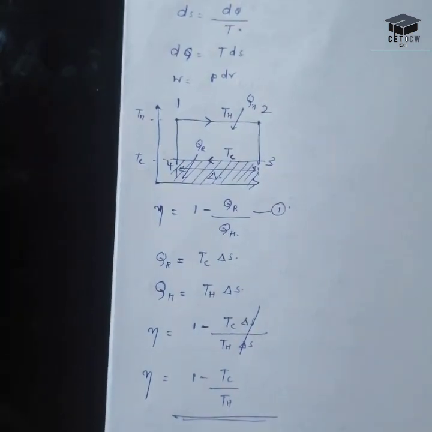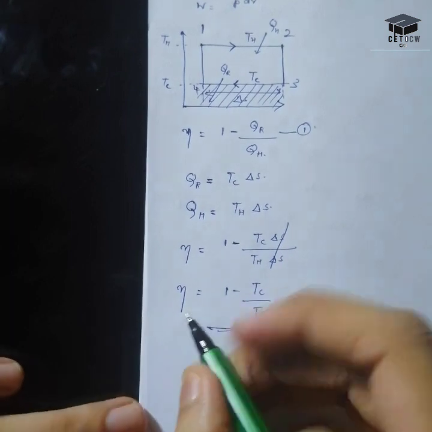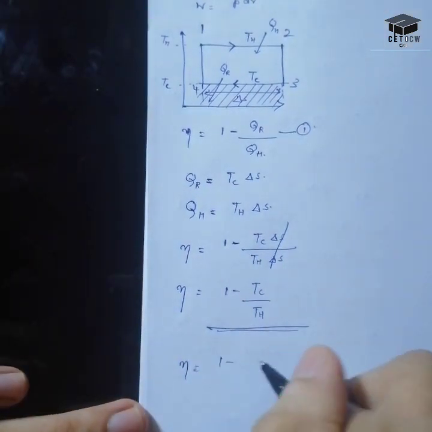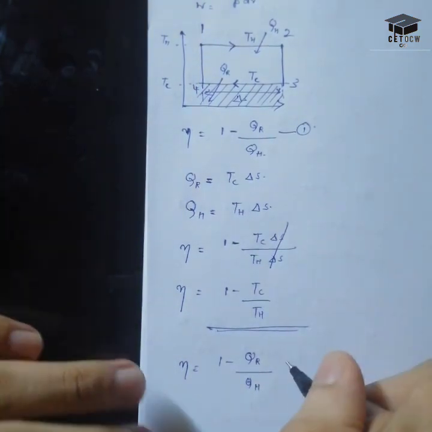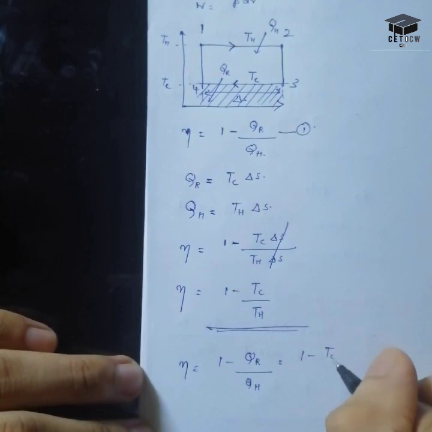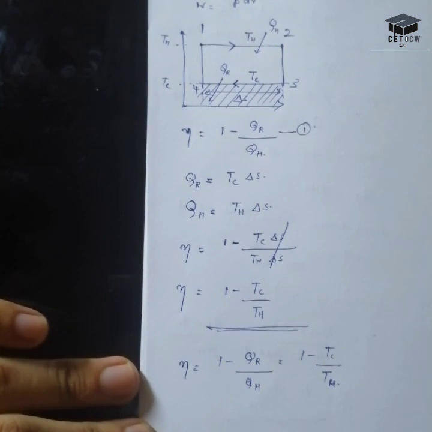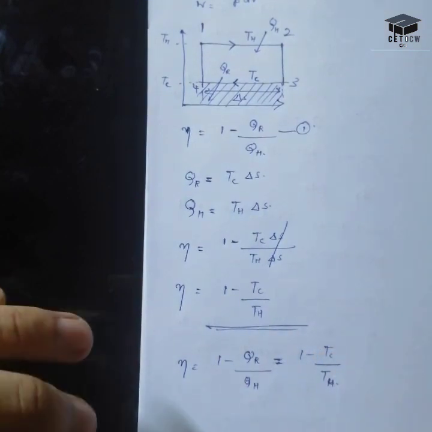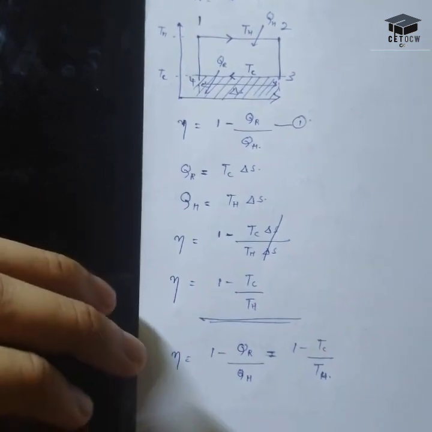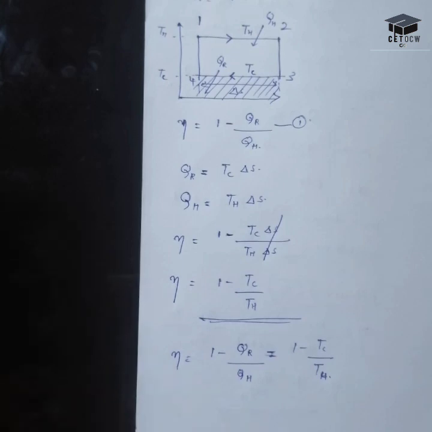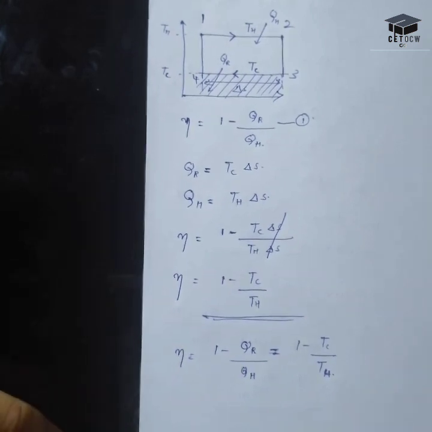Another important thing to note here: as we know, efficiency is equal to 1 minus heat rejected by heat added, and this can also be written as 1 minus Tc by Th. But it is noteworthy that this equality is only satisfied if the process is reversible.